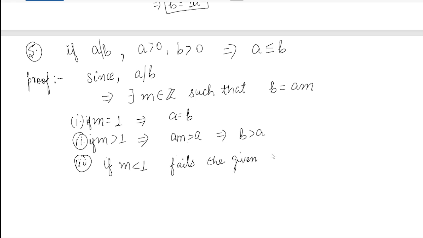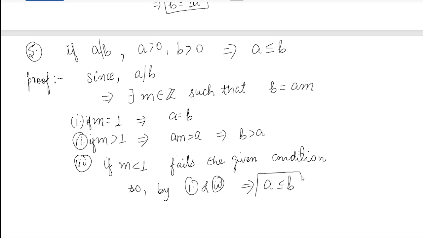So we can't consider the third case. So by case 1 and case 2, this implies A is less than or equal to B.